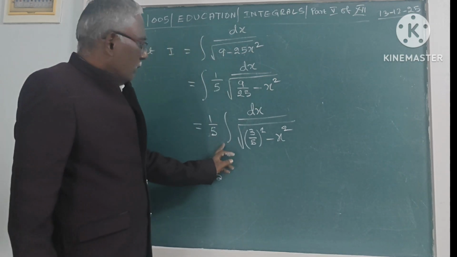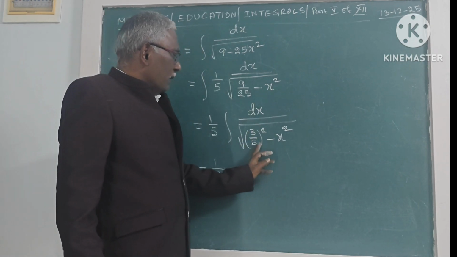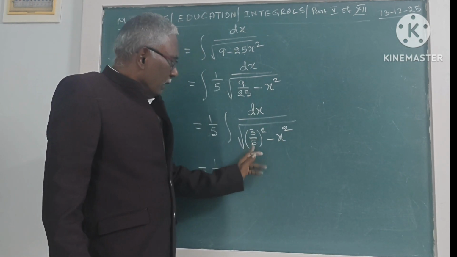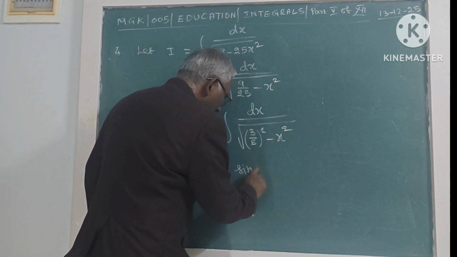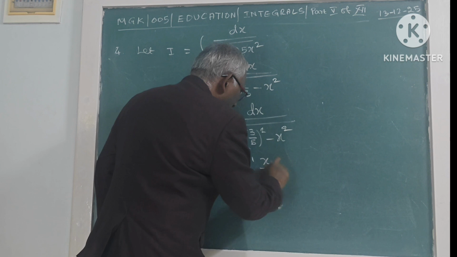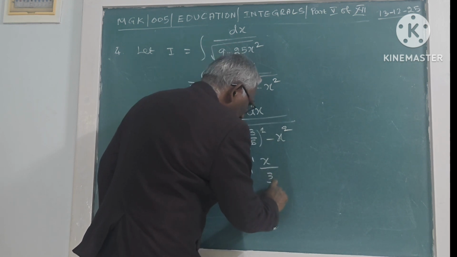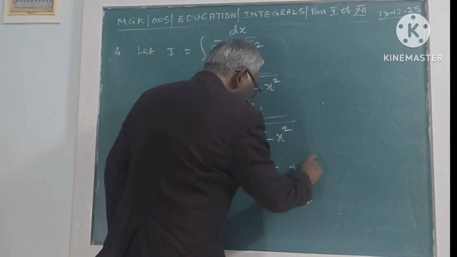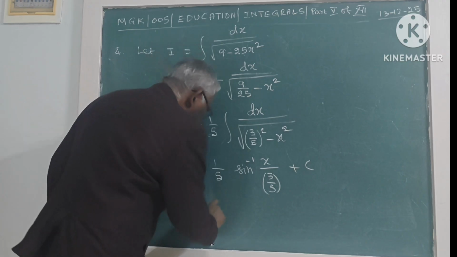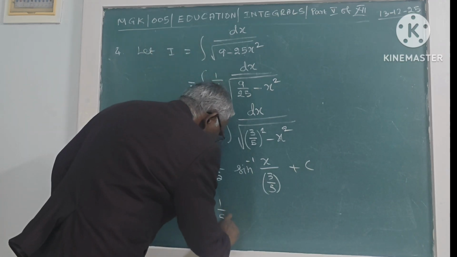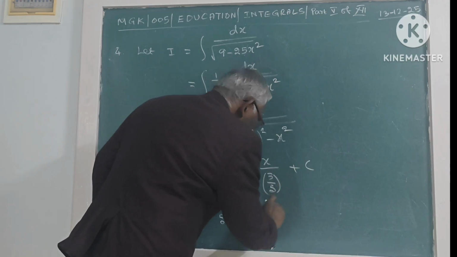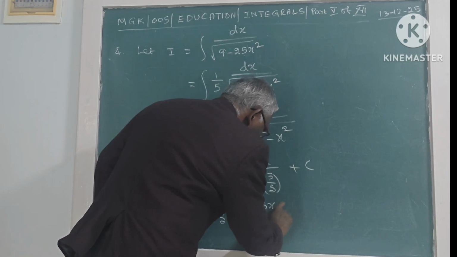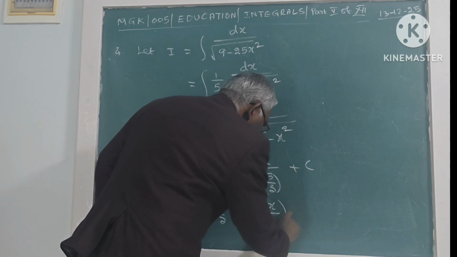So this is the form of dx by square root of a square minus x square, where a is 3 by 5. So what are the values? Sin inverse x by a plus constant. So this is nothing but 1 by 5 times sin inverse 5x by 3 plus constant.